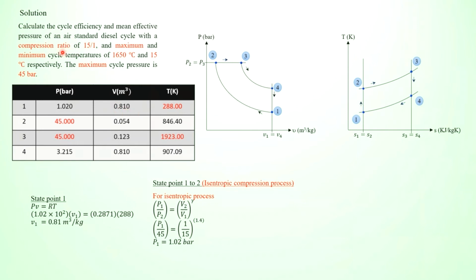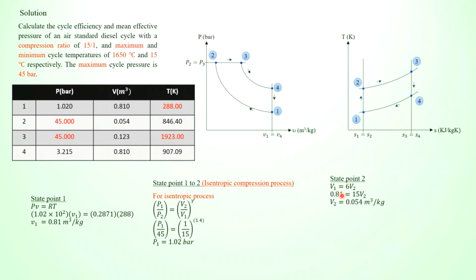Based on the compression ratio, which is the volume ratio, that is Vmax to Vmin, or V1 to V2, it is given as 15 to 1. So that is why you have this. I come back to this again: it's 1 over 15 because it's V2 over V1. Then based on that compression ratio, we can find out V2 because we already know V1.